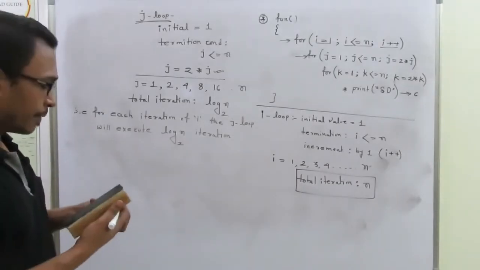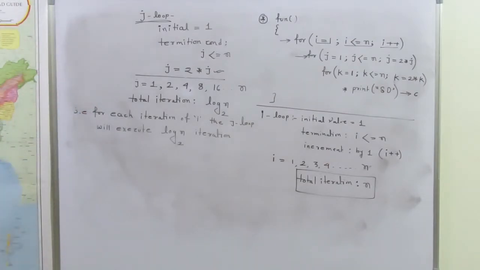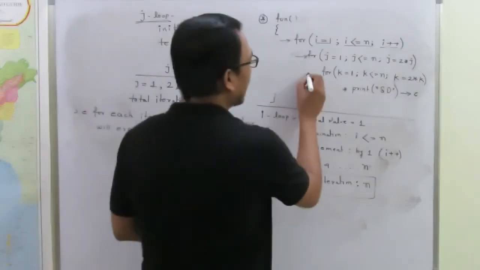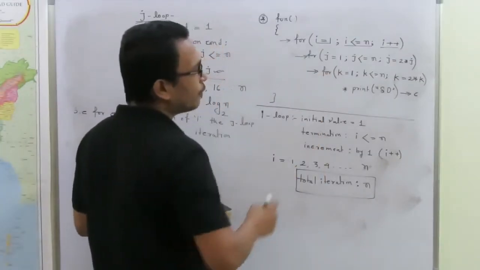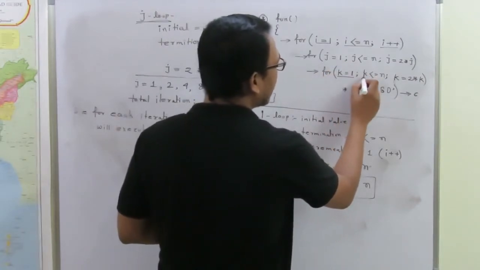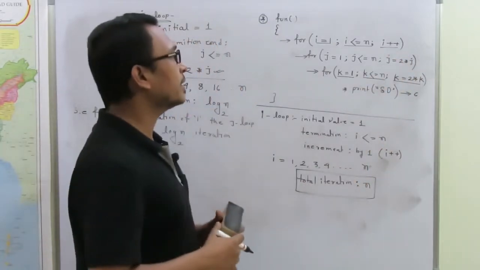Now we have this k loop. If you observe one thing, this k loop is exactly the same as the j loop.